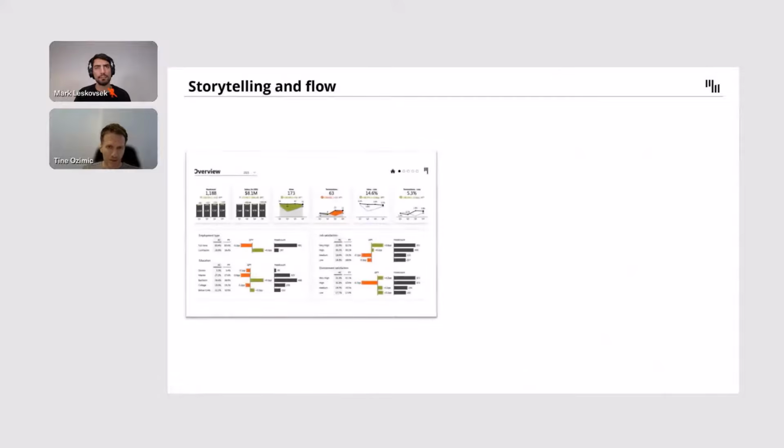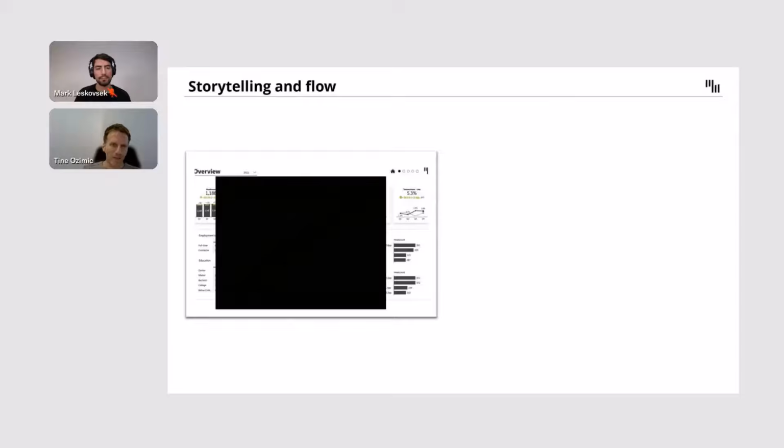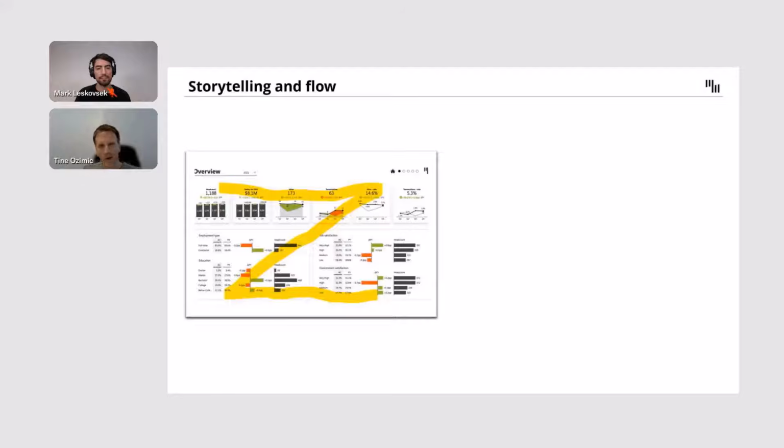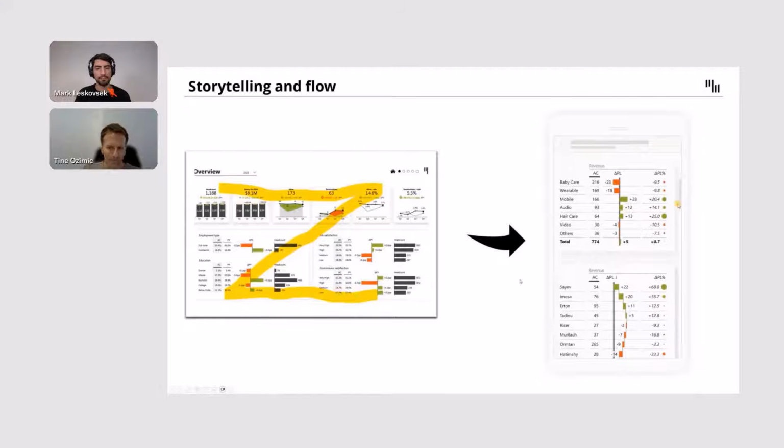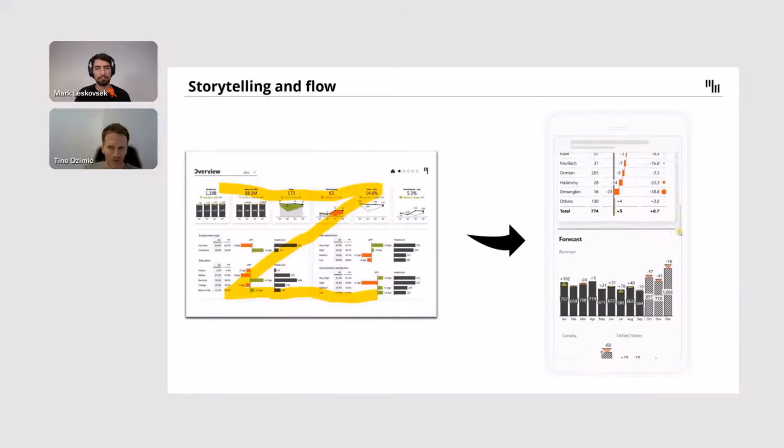And speaking of the way we interact with the report and how we are limited with space, we are also dealing with a different pattern. On a PC, on the computer, you typically have those F and Z patterns in the way you read the report. You start top left, and then you go in either the Z or F form or something like that. On mobile, the logic is actually different. Typically it's more vertical.